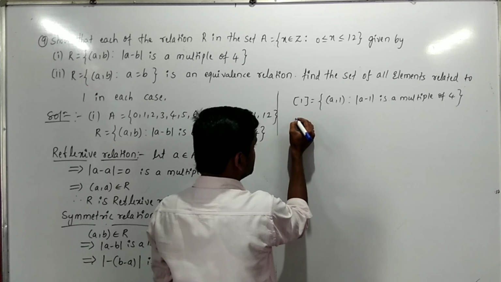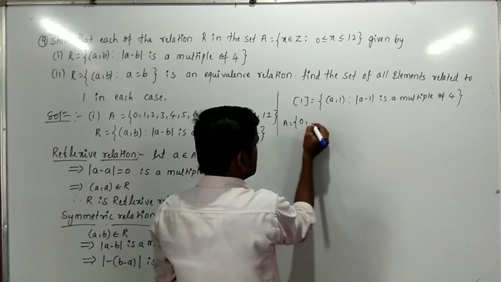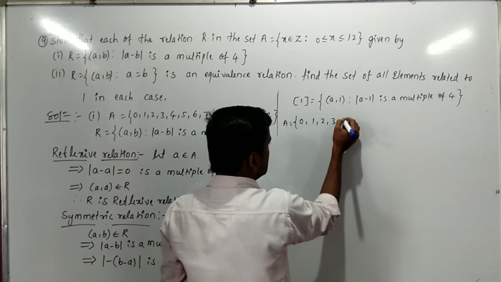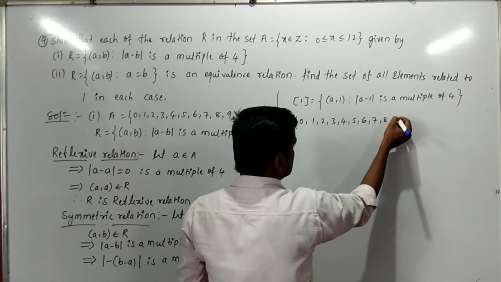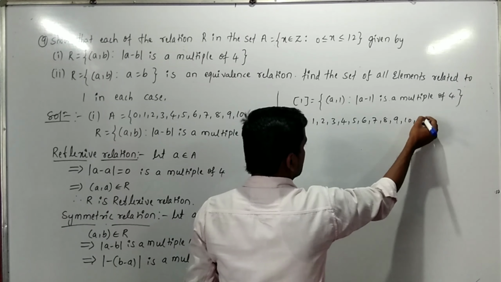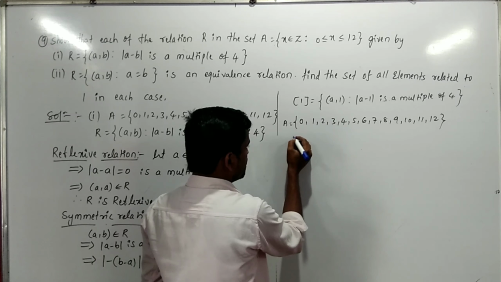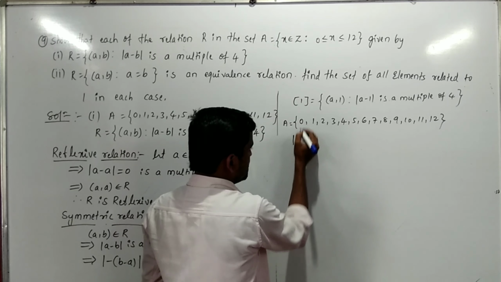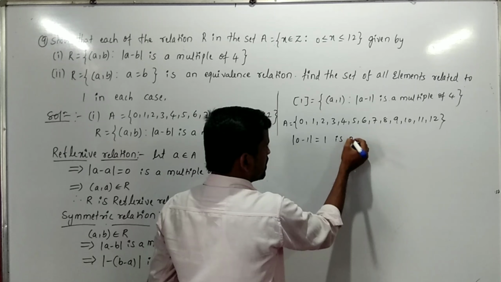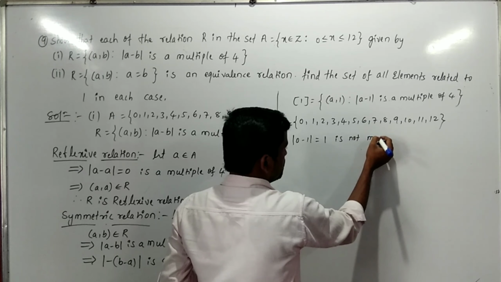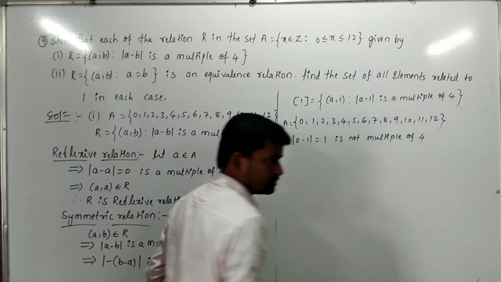Here the set of elements is 0, 1, 2, 3, 4, 5, 6, 7, 8, 9, 10, 11, 12. Modulus of 0 minus 1 is 1, 1 is not a multiple of 4.